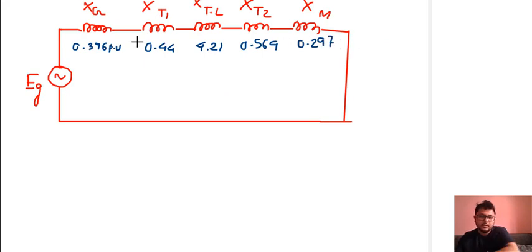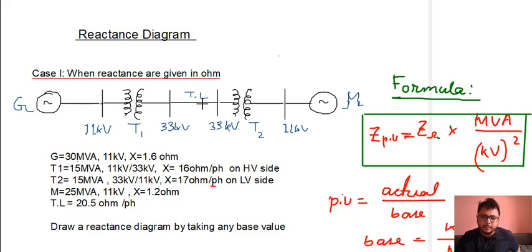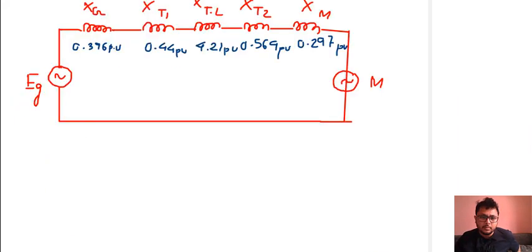After every value you write PU. And one thing I haven't mentioned here, I have to show the motor. Here we have the motor. So this is the reactance diagram of this power system network. Hope you have understood. Okay, thank you.